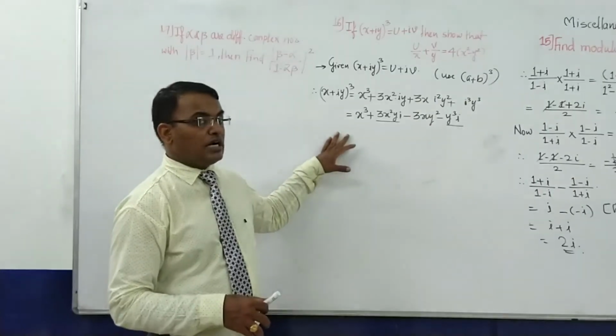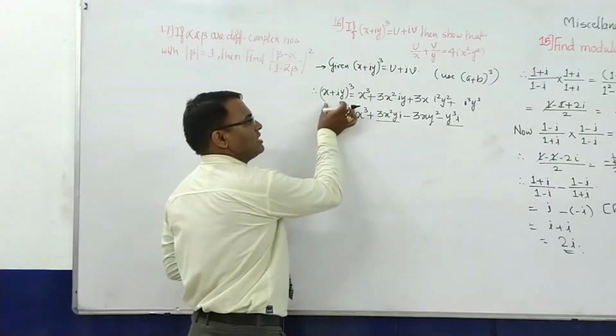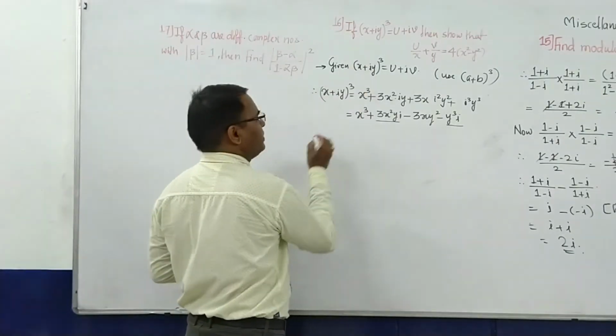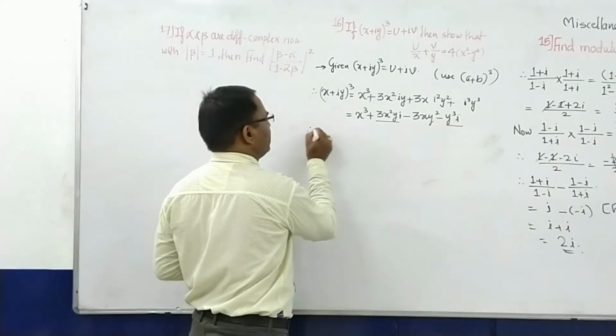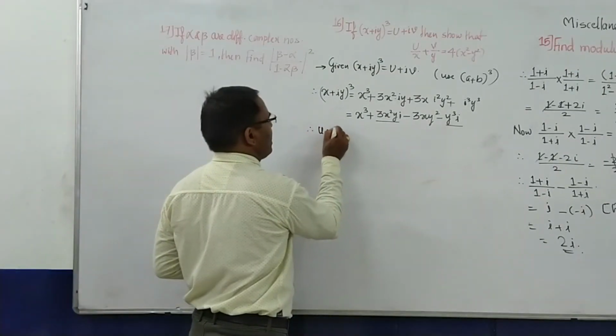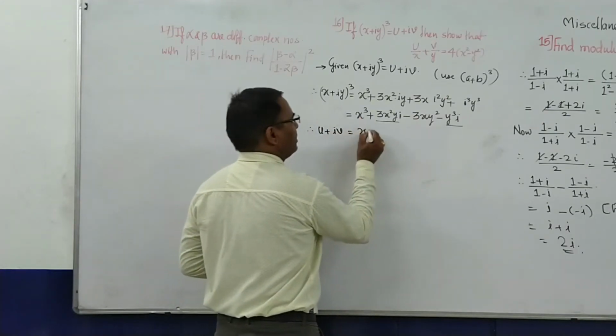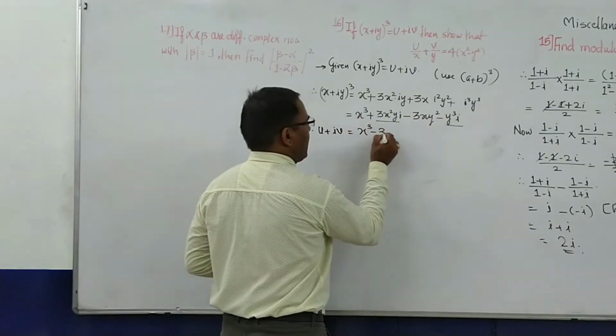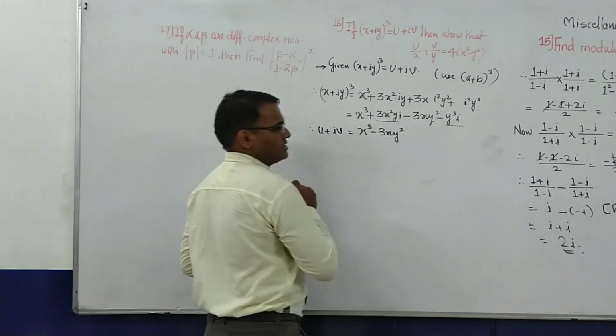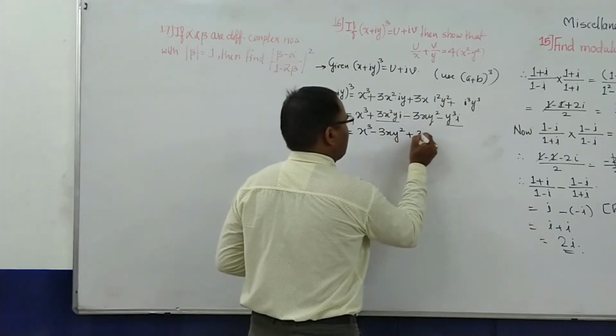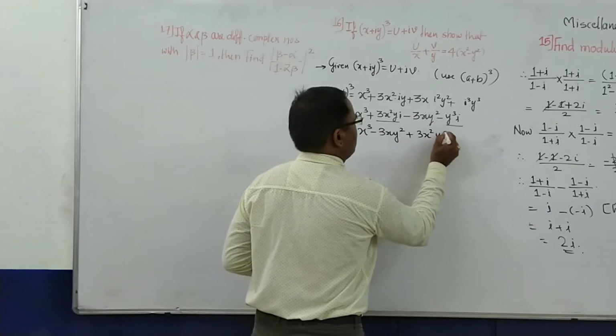Now what is given to us? That (x plus iy) cube is equal to u plus iv. Therefore, u plus iv equals the real part, that is without i, which we will write first, and the part with i later on.